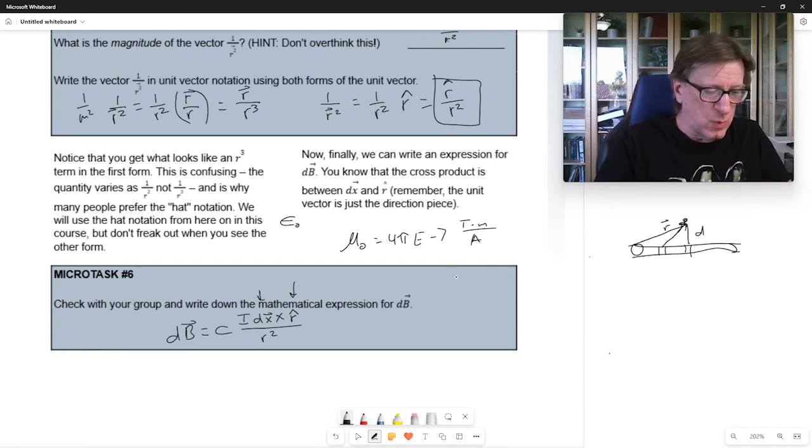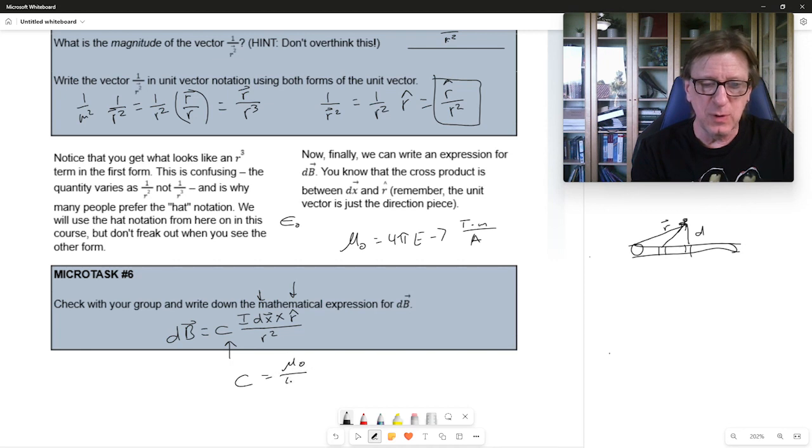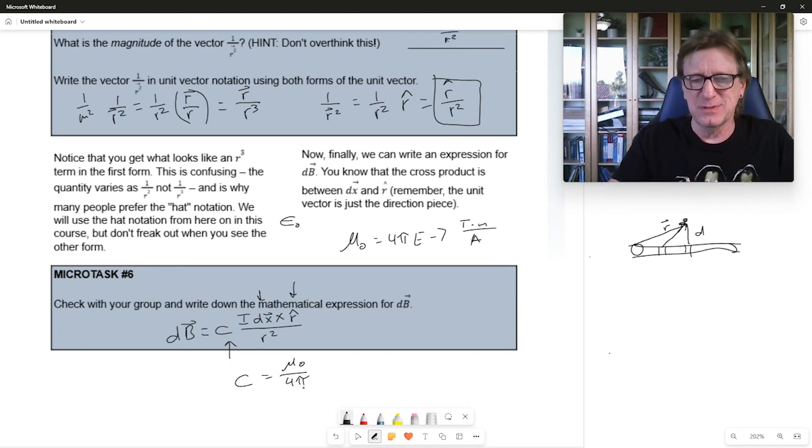Okay, so when we work out that constant, the constant here, C, ends up being equal to mu 0 over 4 pi. Now, you can justifiably say, well, Dr. K, isn't that just e to the minus 7? And you're right, it is.